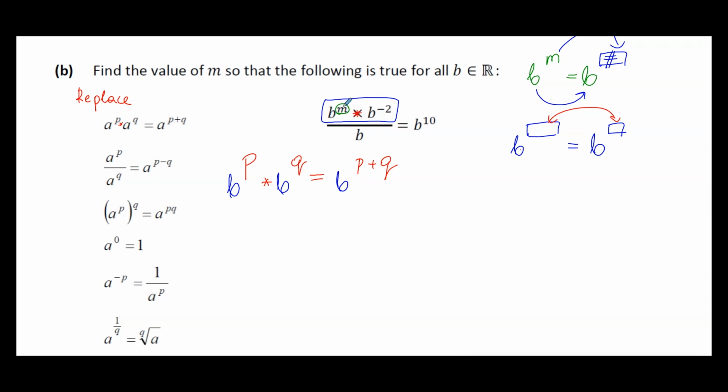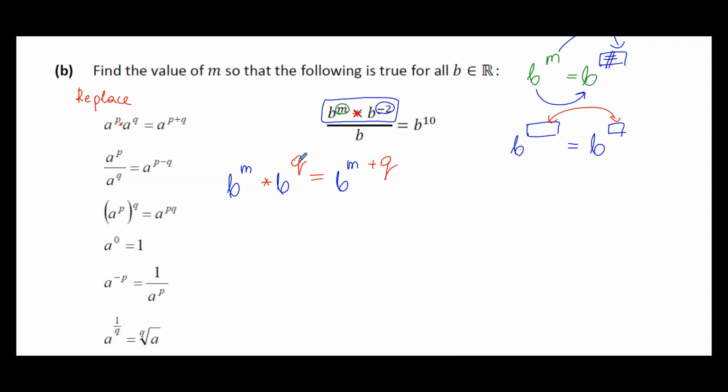Then the next change is about powers. In the formula, the first power is p, but my first power is m. So instead of p, I'm going to have m here, and I'm going to have m here. So again, I just remove that p and put m in its place. And then the next one, q. They have q, and my second power is minus 2.